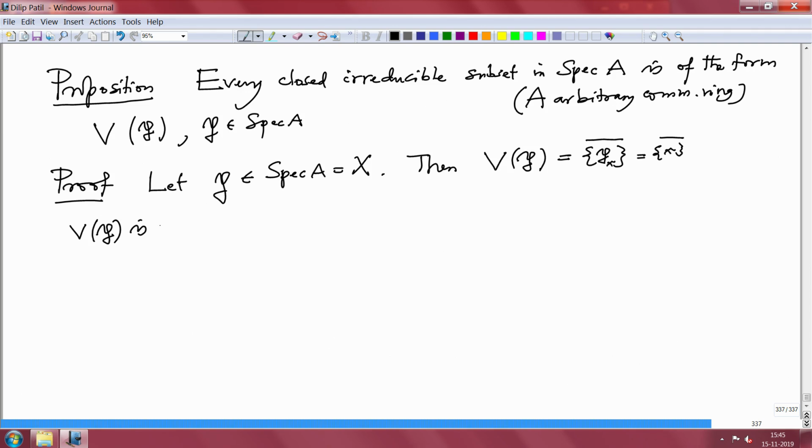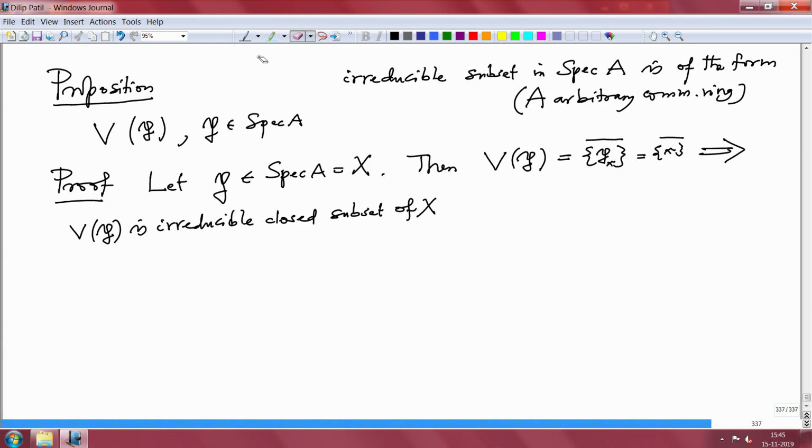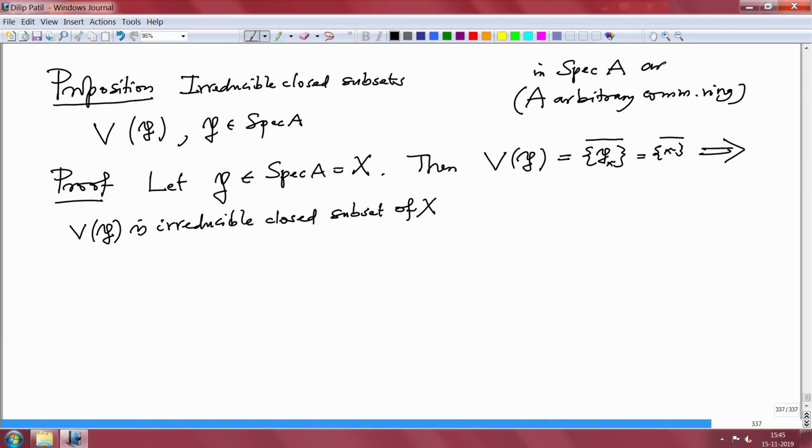So, that proves V(P) is an irreducible closed subset of X. Actually, what I am proving is, let me be a little bit more precise: irreducible closed subsets in this are precisely this. Alright. So, we have proved these are irreducible.